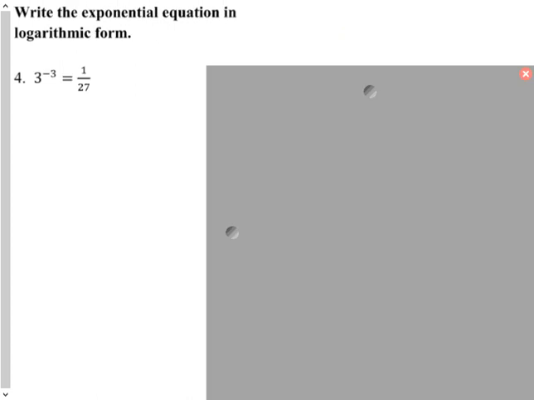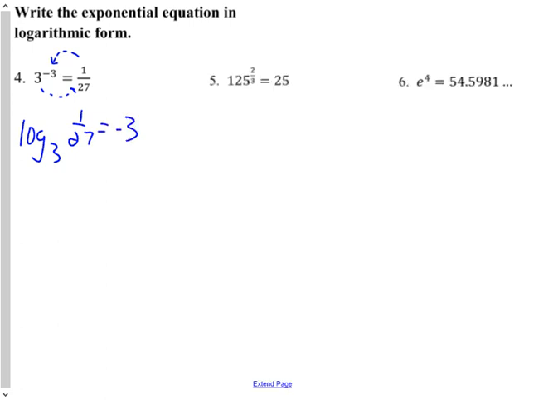Next, we're going to go the other way. Same exact idea, but we start with log base 3 of 1/27 equals negative 3. Continuing on. Log base 125 of 25 equals 2/3.